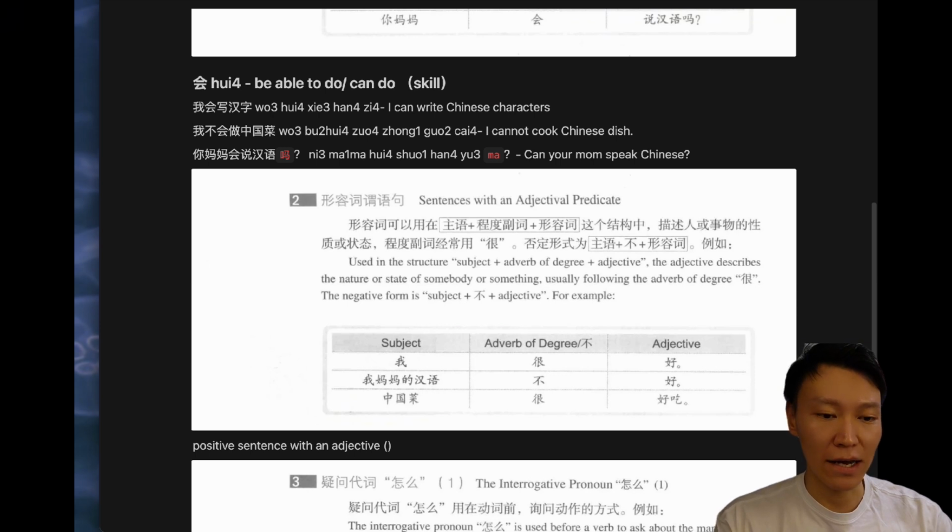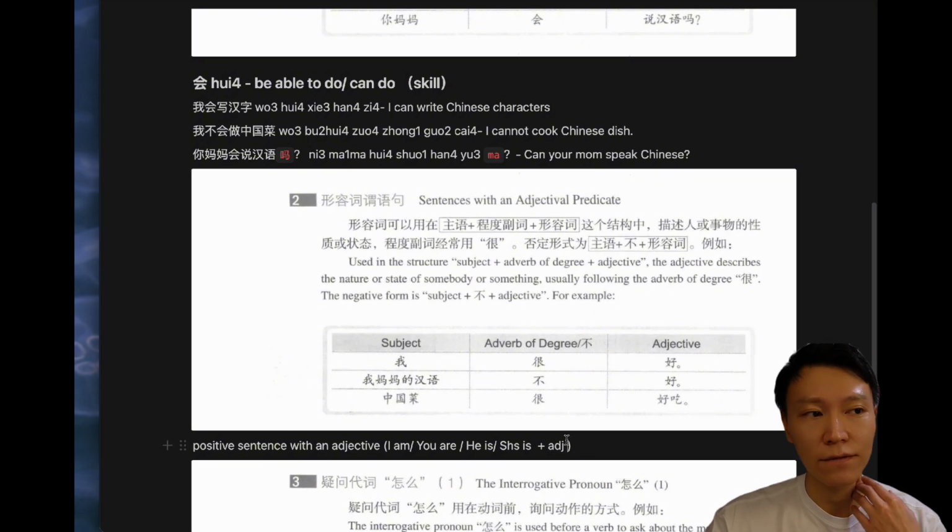Here we use adjective to talk about something, like I am how, for example, I'm tall. So this tall is the adjective here, right? I'm good. This good is an adjective. So this adjective is used in the structure I am, you are, or he is, she is, etc. And after this is, we use this adjective, right?